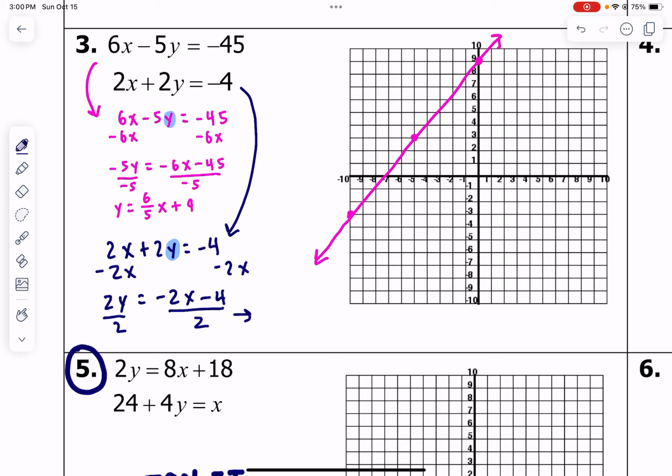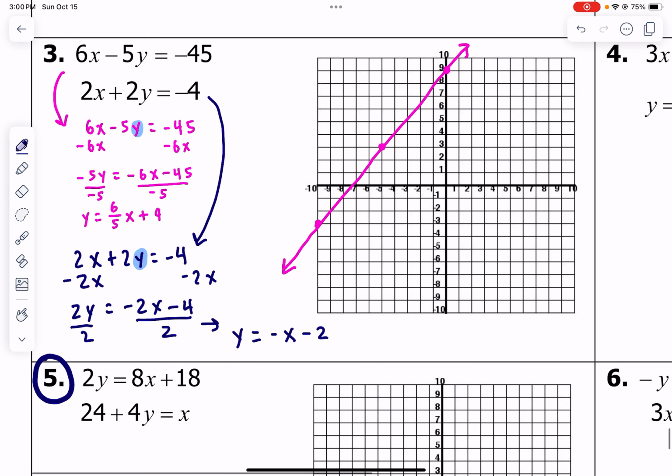And you'll get that y equals -x minus 2. And once again, this negative is coming from the -2 divided by 2. So if we wanted to graph this on the coordinate axis, we have a y-intercept of -2.